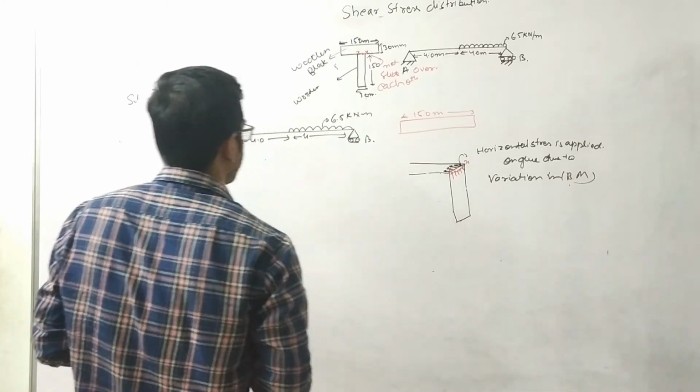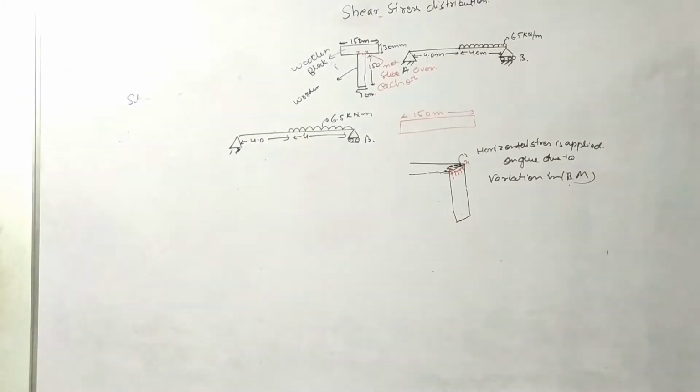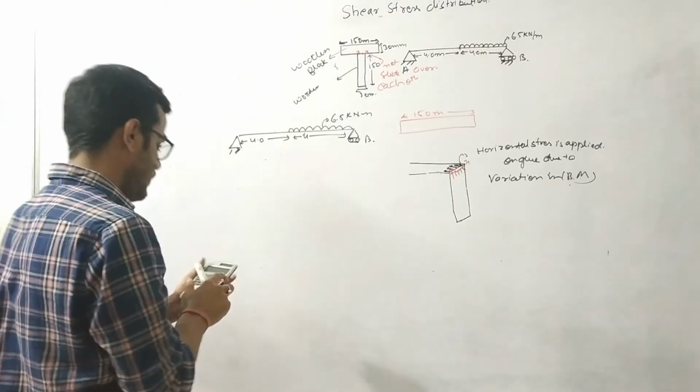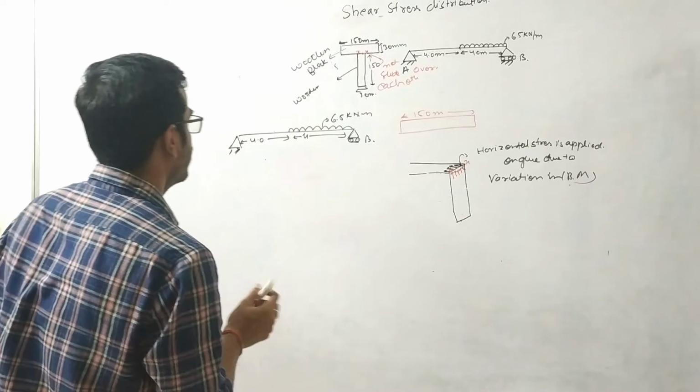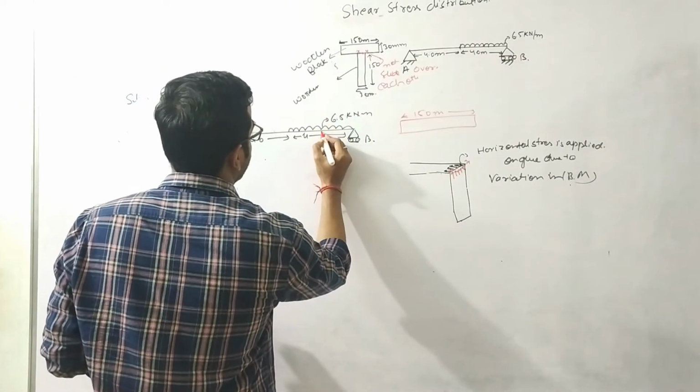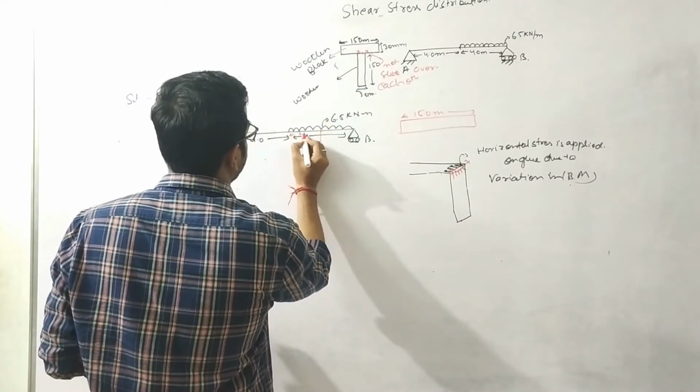I need to calculate the shear force. The total load is 6.5 into 4, which is 26 kilonewton, acting at a distance of 2 meter from here.